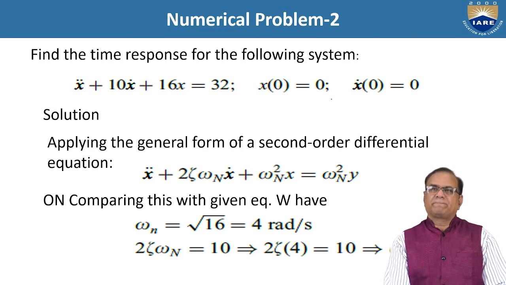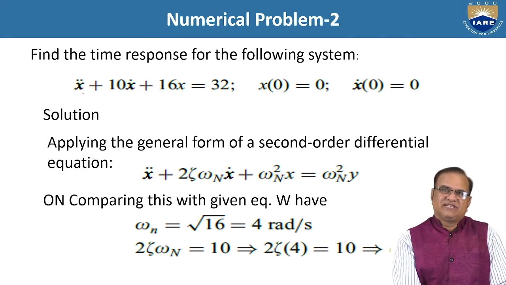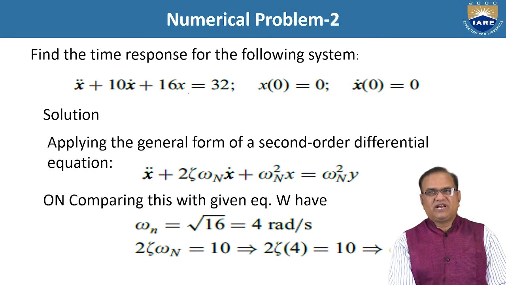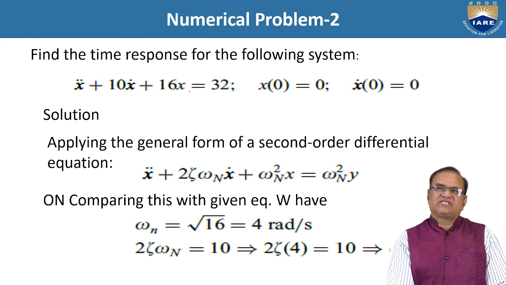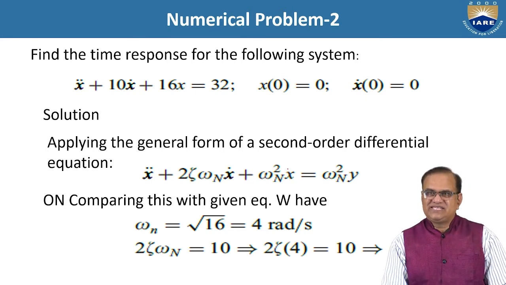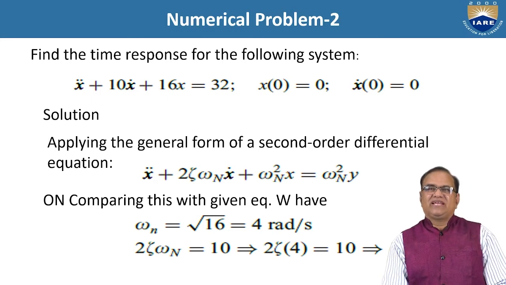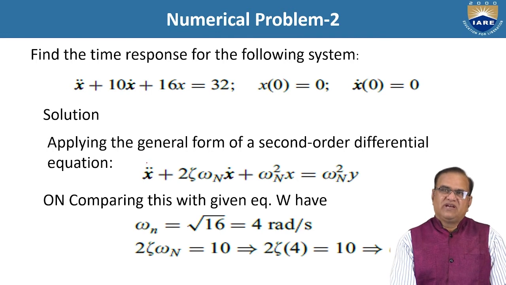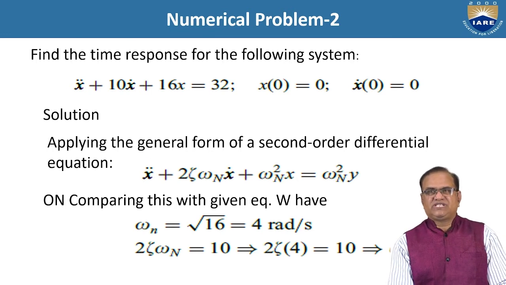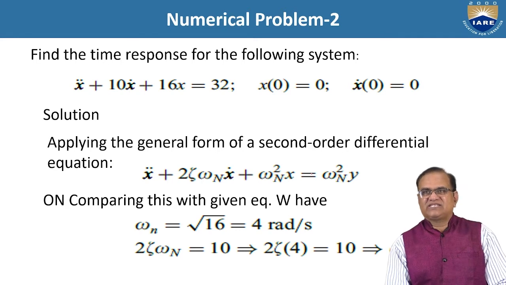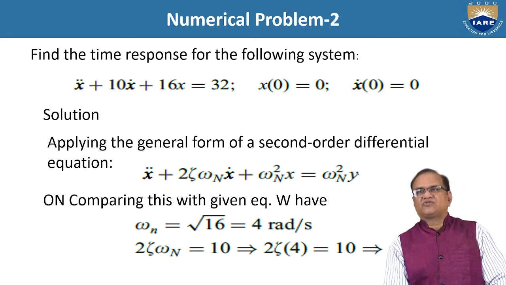So here we have this second order equation, and we know that to find omega n and zeta, we apply the general form of the second order differential equation: x double dot plus 2 zeta omega n x dot plus omega n square x is equal to omega n square y.